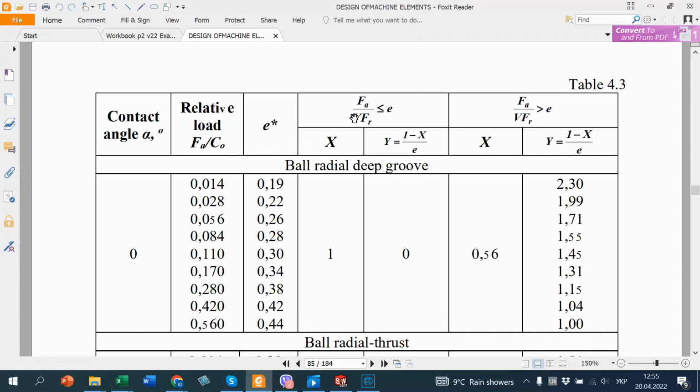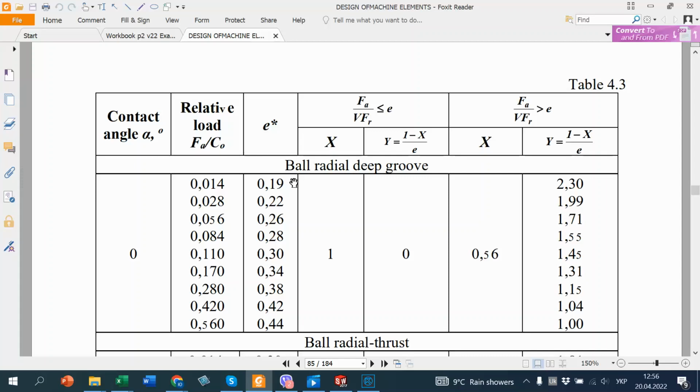If Fa divided by V Fr is less than E, X is 1, Y is 0. It means that Fa is very small, and we can neglect axial load in the bearing calculation. 0.19 means that it's approximately 20%.